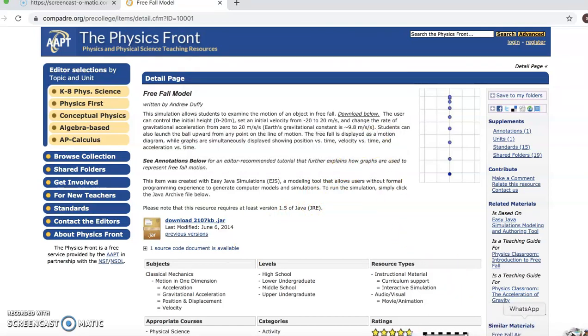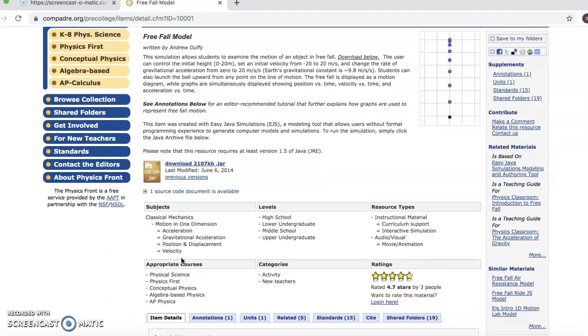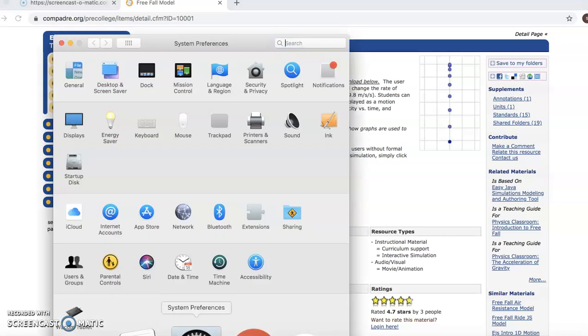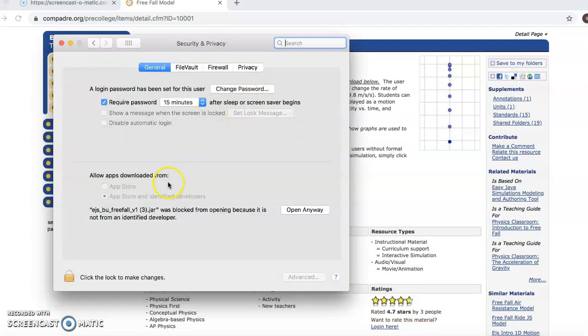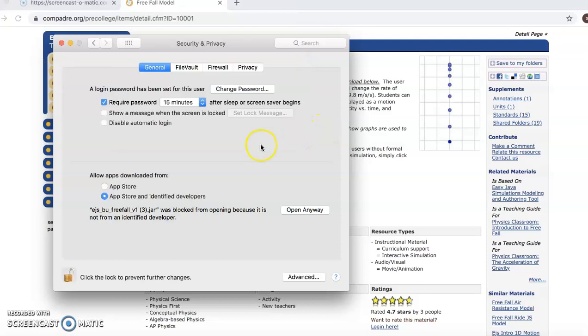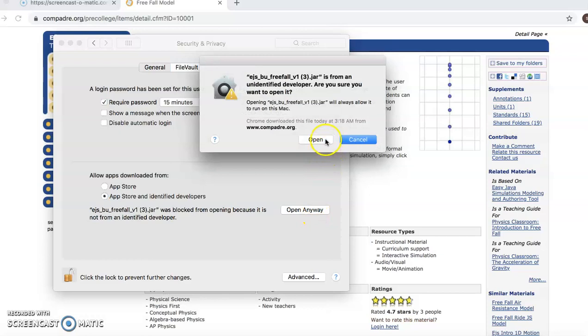Okay, let me see. Oh, you see, even though I downloaded it, it doesn't show anything. I have to go to the computer settings, go to security and privacy, click the lock and use the password of your computer to unlock, and then say open anyway, and you say open.